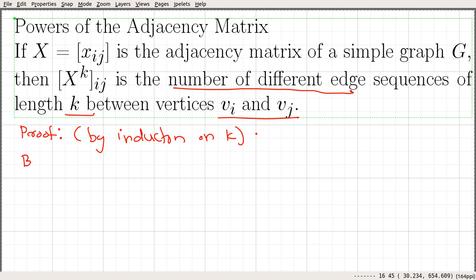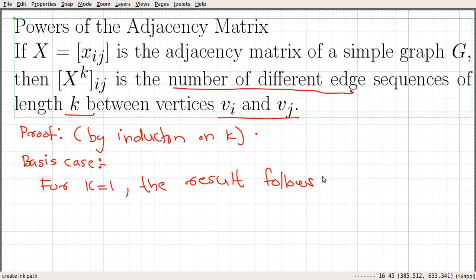Okay, so the base case, for k equal to 1, we can very easily see that the result follows from the definition of the adjacency matrix X.